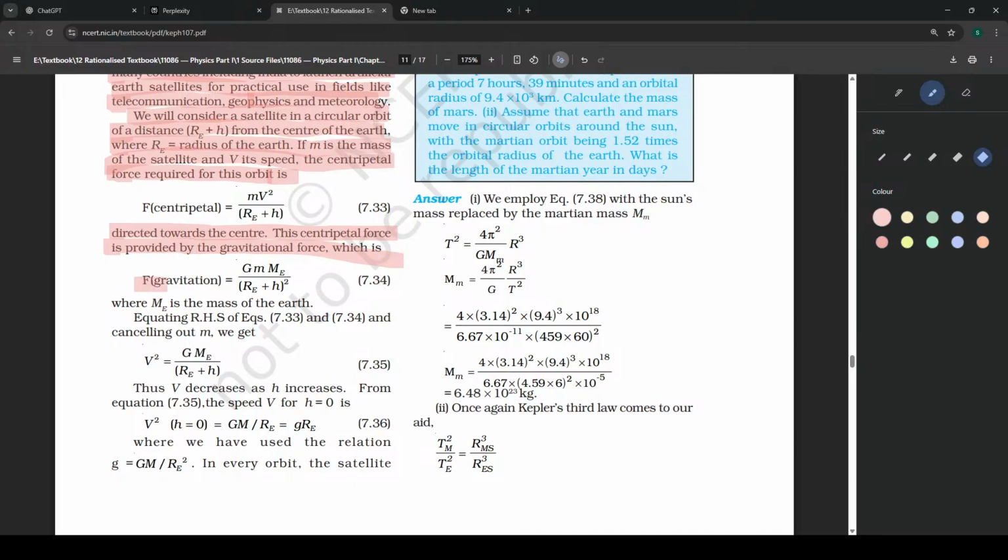F is equal to G Me m by RE plus h whole square, where Me is the mass of the Earth. Since this is also the centripetal force, equating the RHS of equation 7.33 and 7.34 and cancelling out m, irrelevant of the mass of the satellite, we get v square equals G Me by RE plus h.